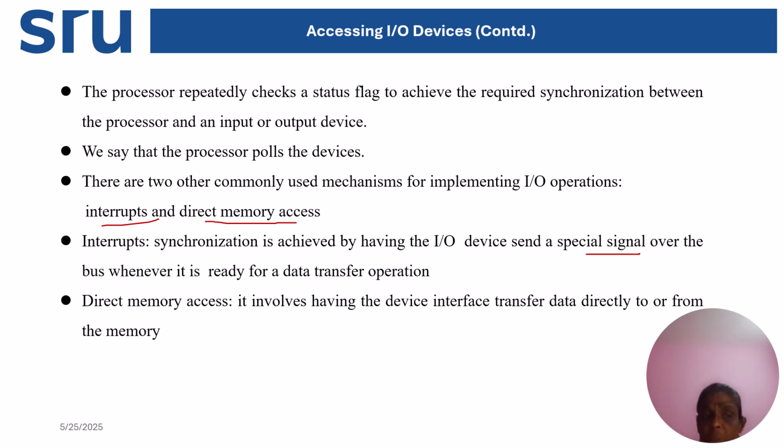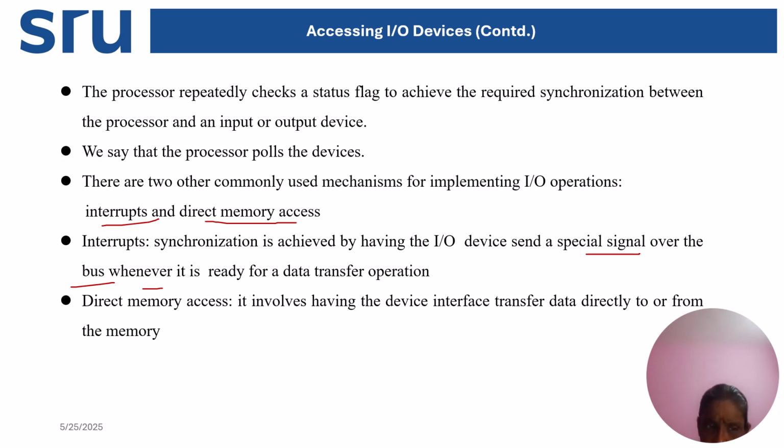The interrupt signal is sent to the processor, indicating that the IO device is waiting for service. So a special signal is passed over the bus whenever the device is ready for the data transfer operation. Whenever the CPU is ready, the IO device sends an interrupt signal over the bus.